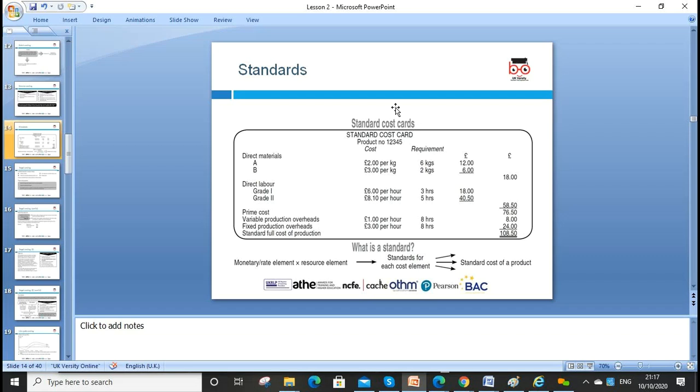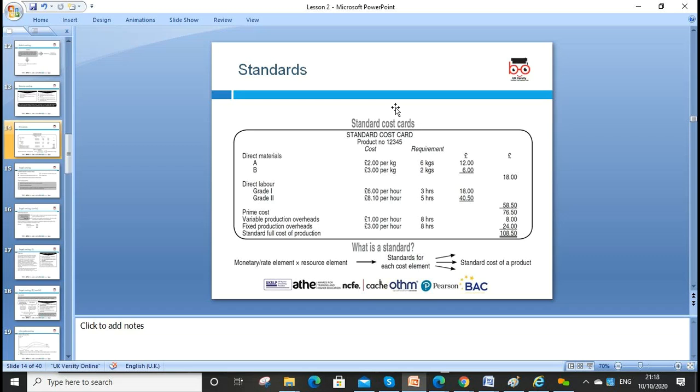The labor we use is two types, grade 1 and grade 2 workers, and that costs us 58 pounds worth of labor. Total prime cost, the direct cost, is 76. For variable cost of production, 1 per hour and 8 hours required, so 8 pounds, and the fixed cost element is 24 pounds. So the total standard cost of production is 108.